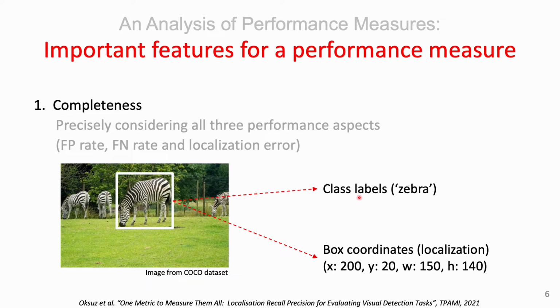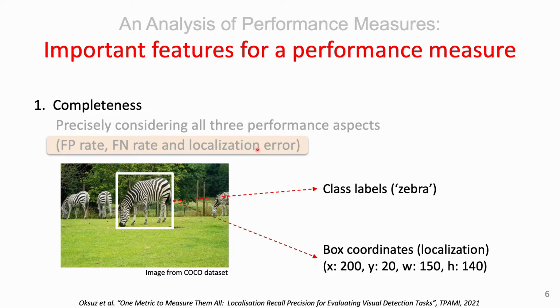We can clearly see that the object detection problem includes two tasks, a classification task and a localization task. Therefore, the performance measure designed for evaluating the object detection problem should quantify both aspects of the detection problem. This includes false positive rate and false negative rate for the classification aspect of the problem, and the localization error for the localization aspect of the problem.